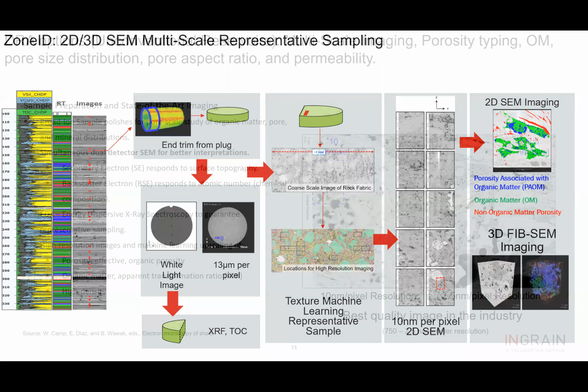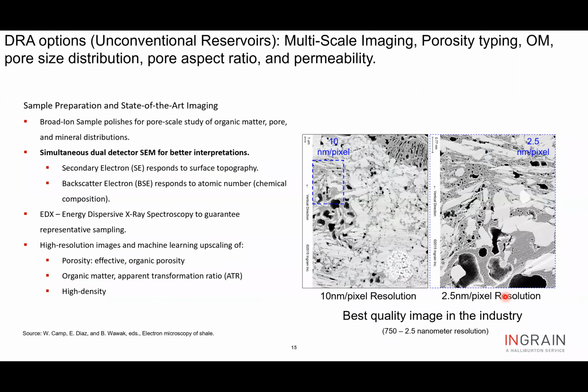So here I'm showing a slide from an organic-rich rock, and you can see these are organic matter here, all these grays, and then all this other lighter color is the matrix component. Here, for example, this is a pyrite. This is the rhomboidal pyrite colony here, and then you can see there are all these pores inside the organic matter.